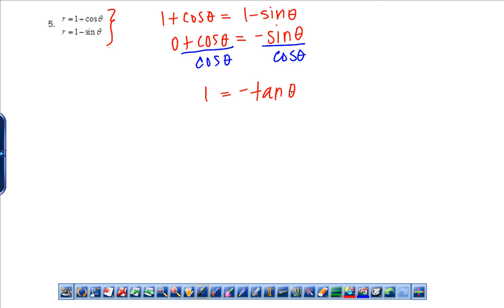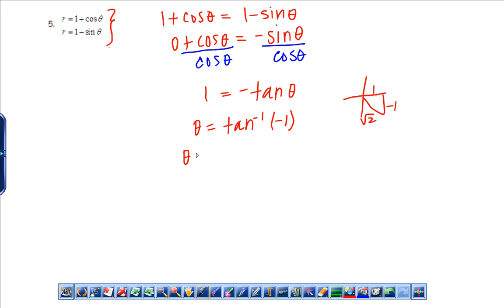And before, I've always told you not to because y'all have divided and it's gotten rid of something. So when I change this, gives me theta equals arctan of a negative 1. So I've just rearranged it basically. So if you need to draw your triangle for this, and remember tangent only has one equation, and arctan of negative 1 is down here.